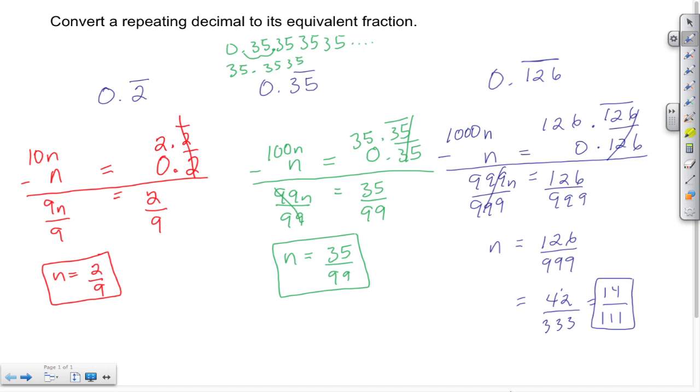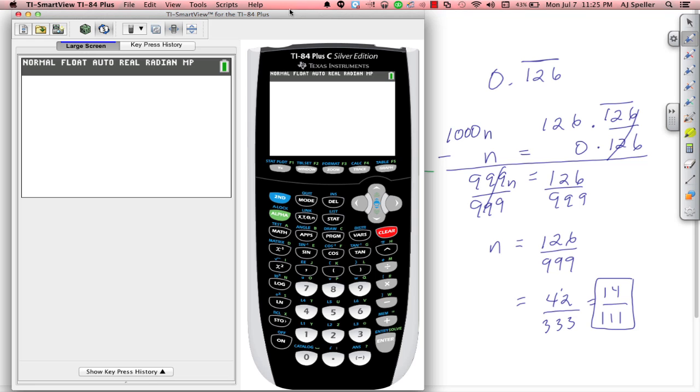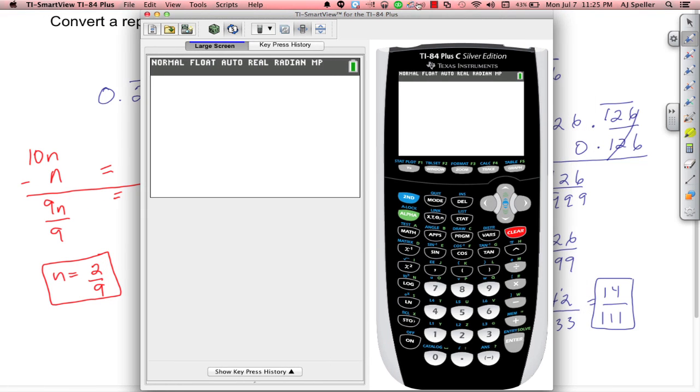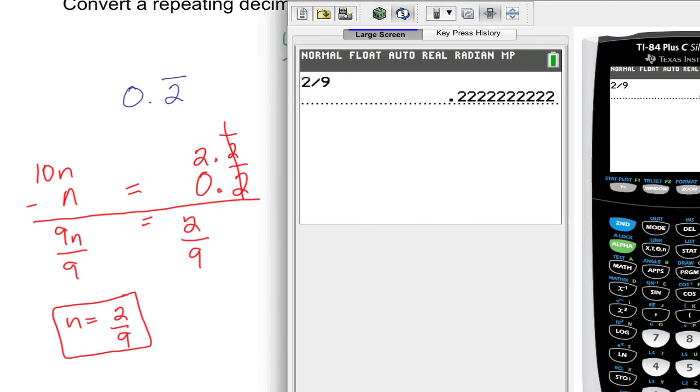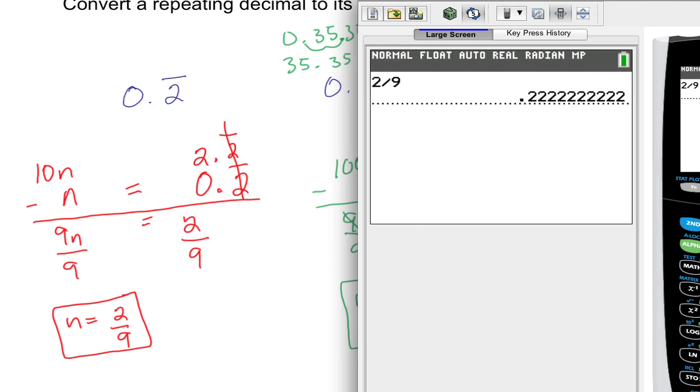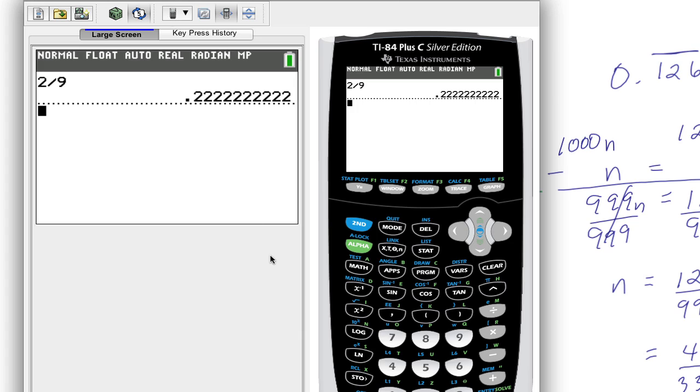And let's call up the calculator to verify these answers. With the calculator, the first one came out to be 2/9. So let's just do 2 divided by 9. And we see we have the repeating 2s. For the next response, it was 35 over 99. So 35 divided by 99.